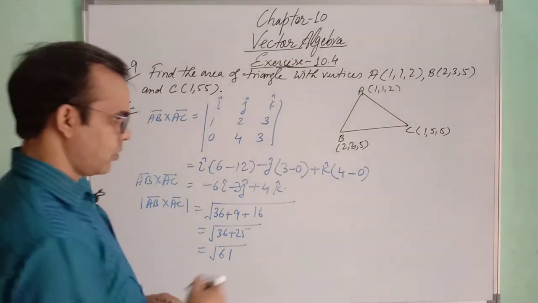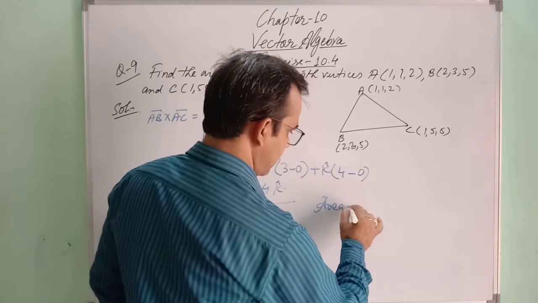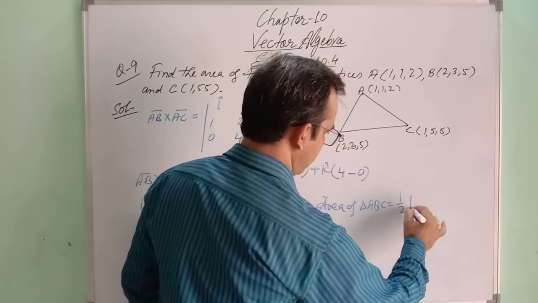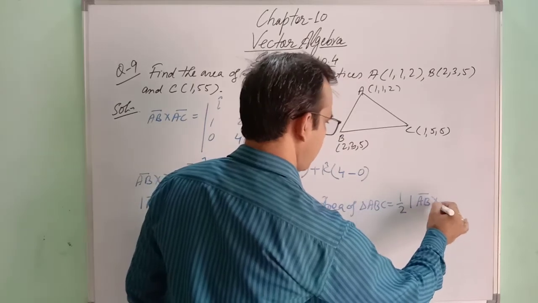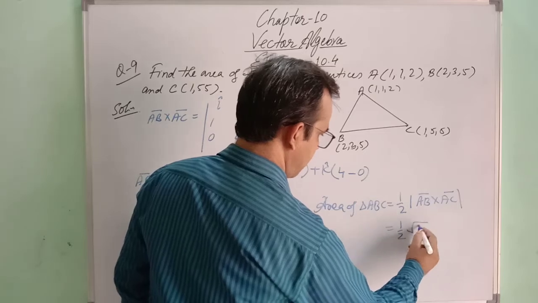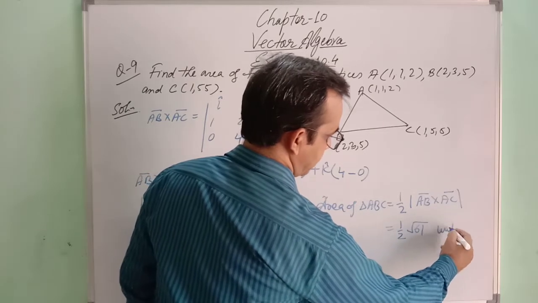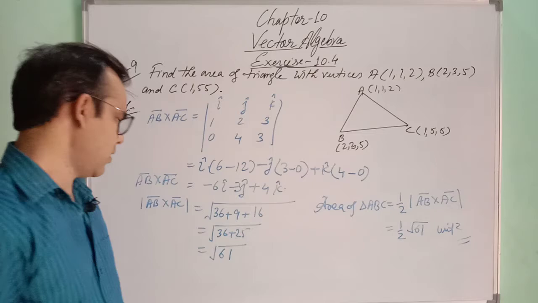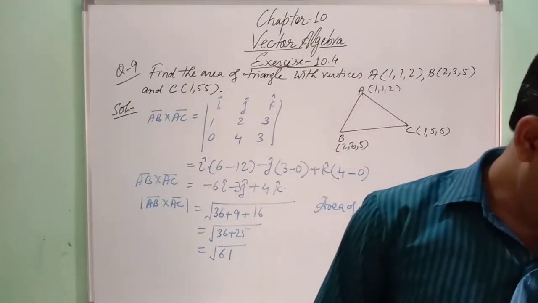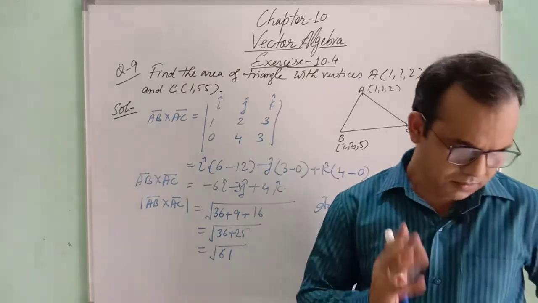Okay. So area of triangle ABC equal to 1 by 2 magnitude AB cross AC, which implies that its area will become 1 by 2 root 61 unit square. So it is a simple question.